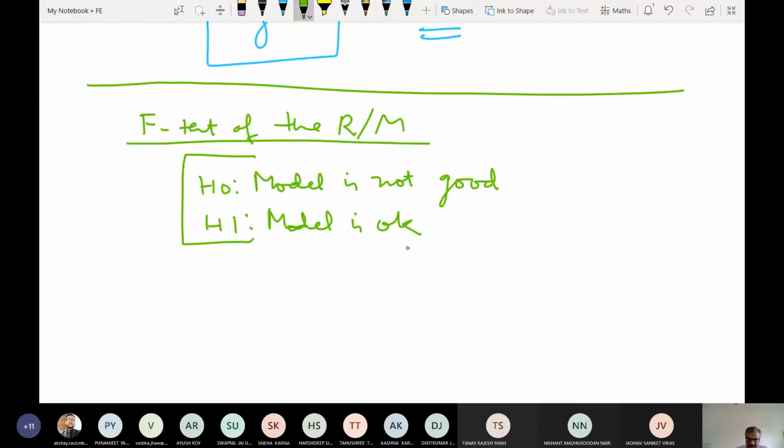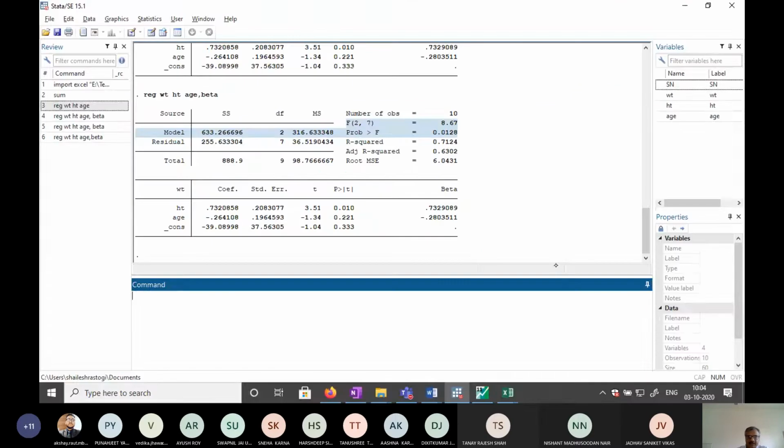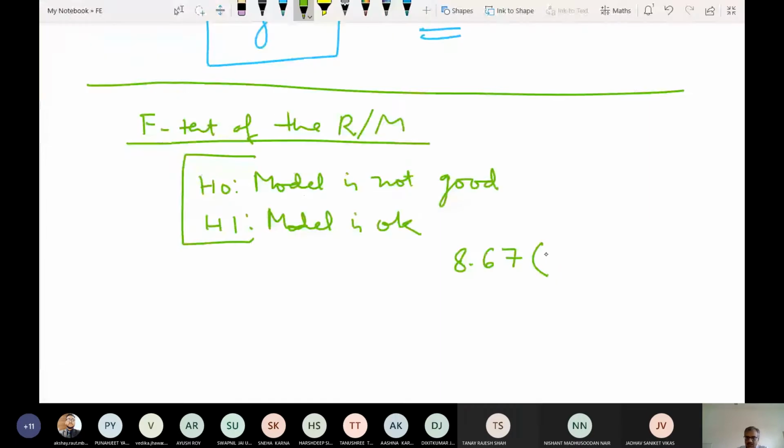So the F-test value is 8.67 and the corresponding p-value, I can write in brackets, is 0.012.